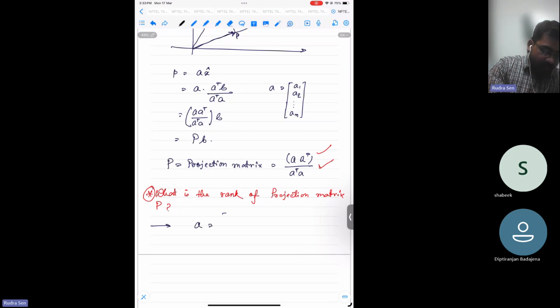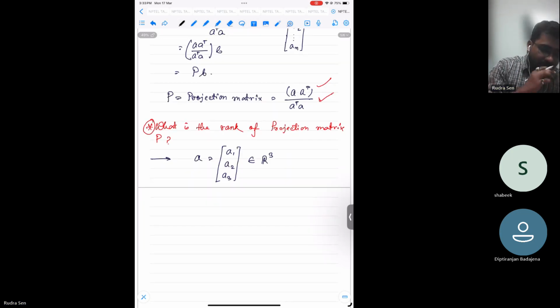A is basically a column, right? Let's not consider up to n. Let's say A consists of three elements, A1, A2, A3. It belongs to R3. So one thing for sure: whatever P matrix we get is a square matrix.